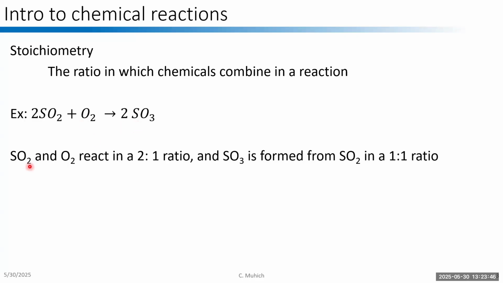By having these numbers up front, our stoichiometric coefficients, SO2 and O2 are going to react in a 2-to-1 ratio, and SO3 is formed from SO2 in a 1-to-1 ratio, and then of course SO3 is formed from O2 in a 2-to-1 ratio.